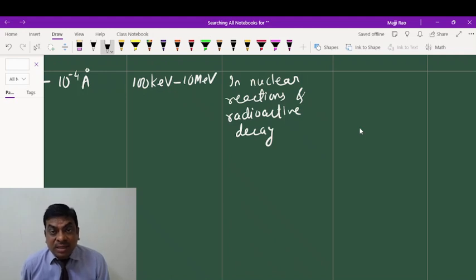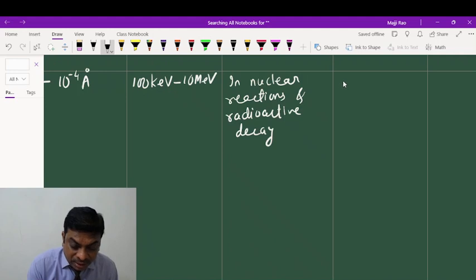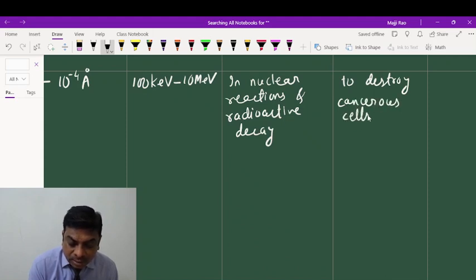Growth of cancerous cells can be stopped by the use of this type of rays. So basically, usage we can write: to destroy cancerous cells.